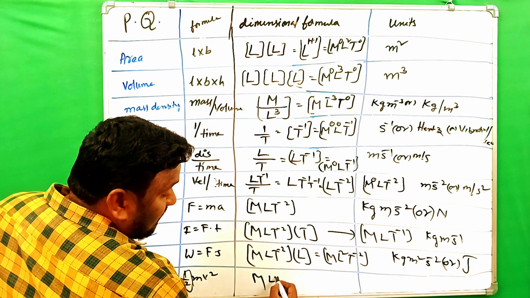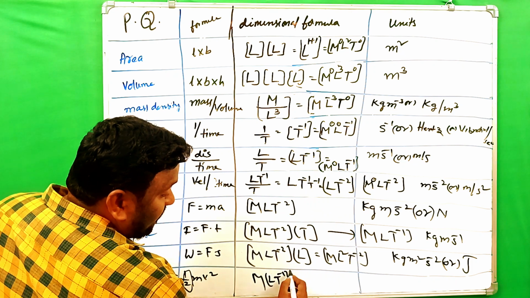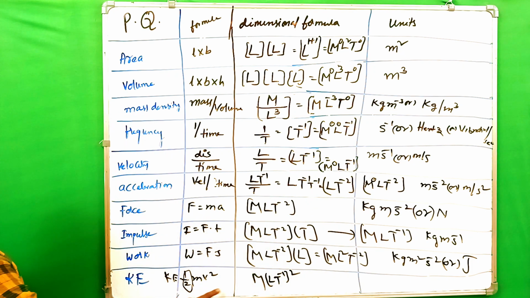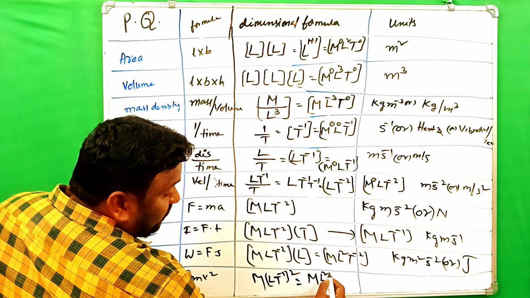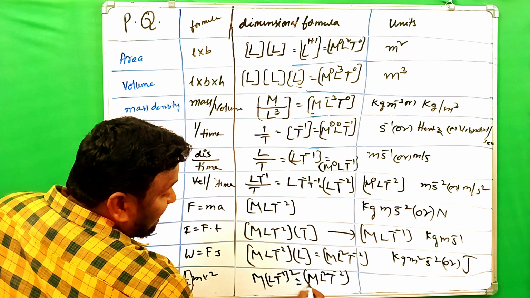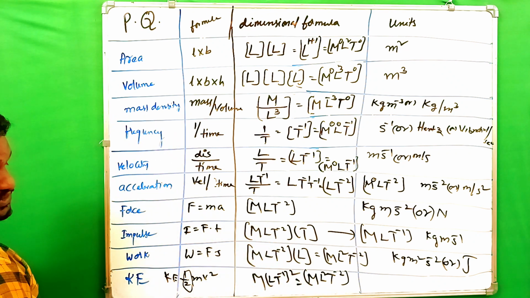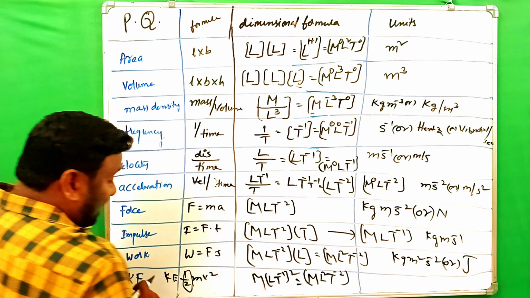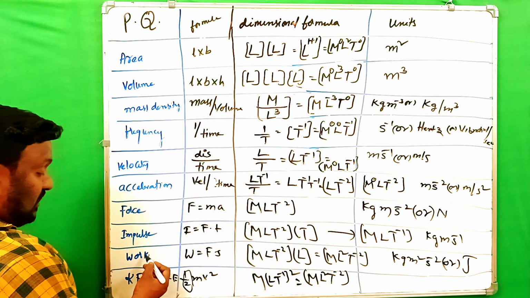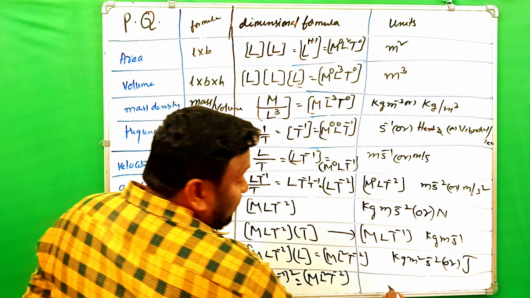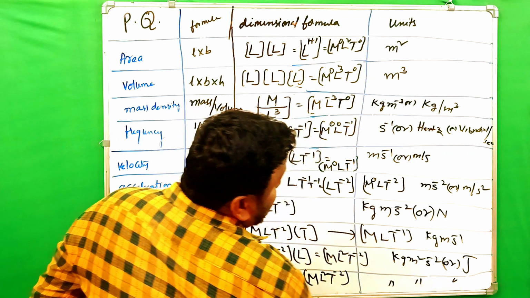So LT inverse 1 whole square here. Then what do you get here? M L square T inverse 2. So that is the dimension formula of kinetic energy. Same here, work and kinetic energy have the same dimension formulas and same units.